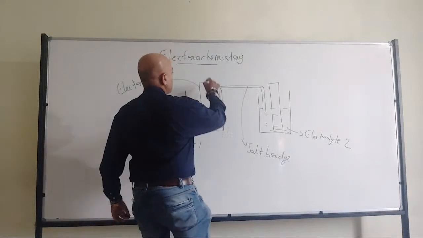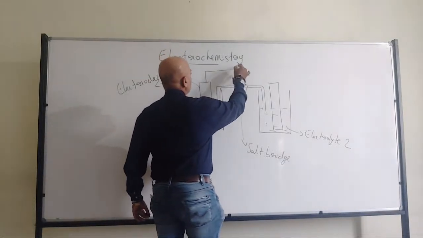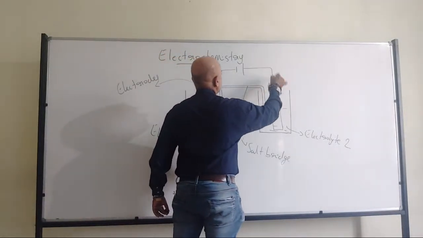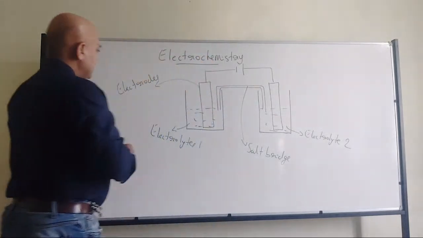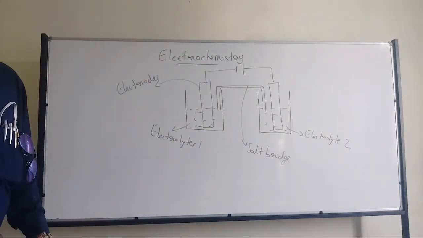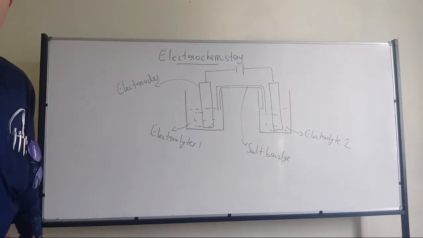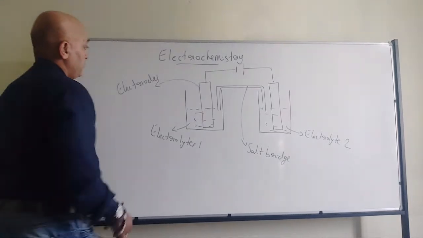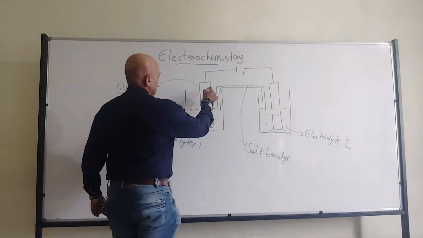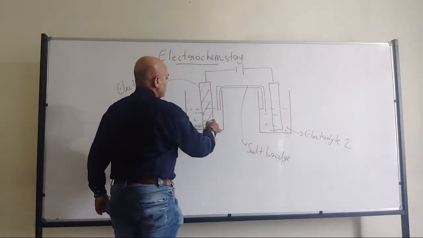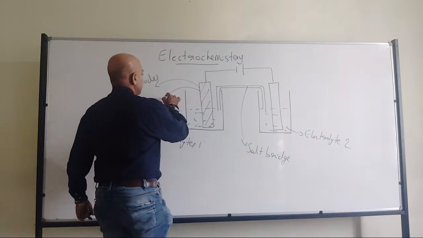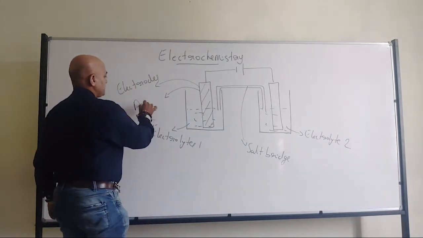Now these electrodes will be connected to an external circuit. So that's where we have a particular cell, an electrochemical cell. In this case, I will consider this electrode as an anode.